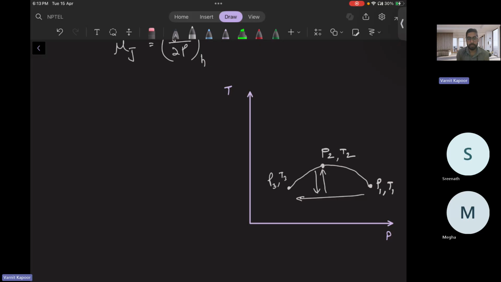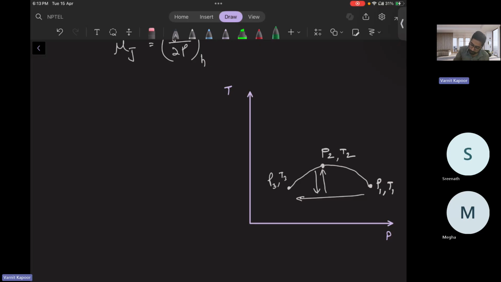The reason is that throttling, which we have already discussed, is a restrictive process. You are passing your fluid or refrigerant through a restrictive passage. So due to the internal friction, initially the temperature rises, but later on the temperature drops. So that is your throttling process, where pressure and temperature finally decrease. Eventually it increases, then decreases.